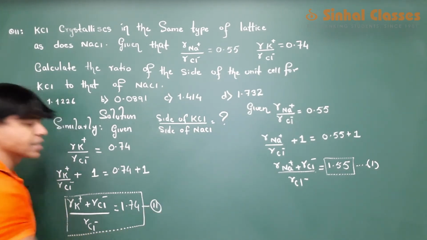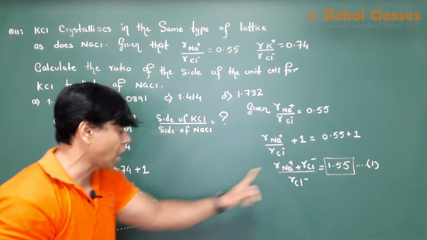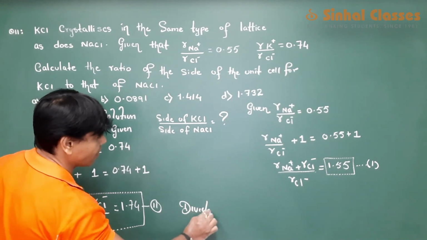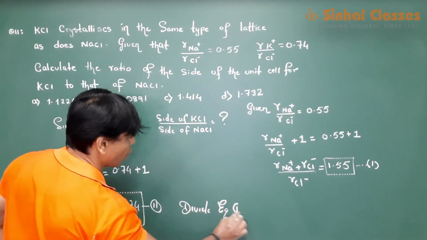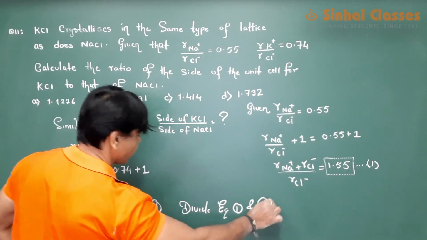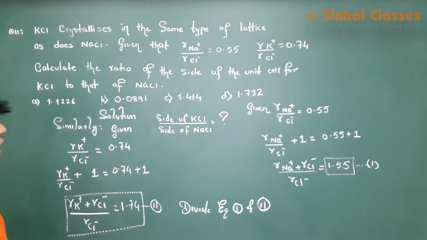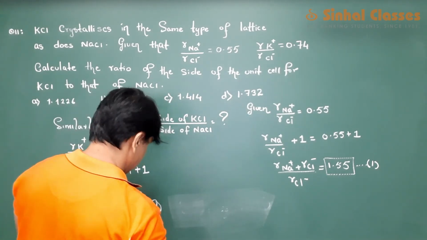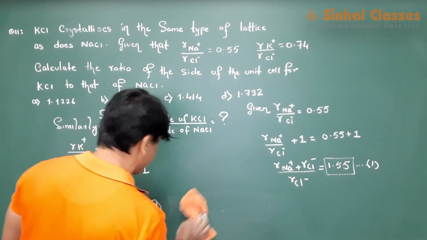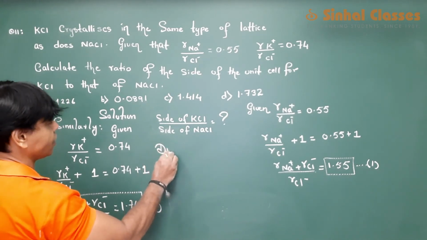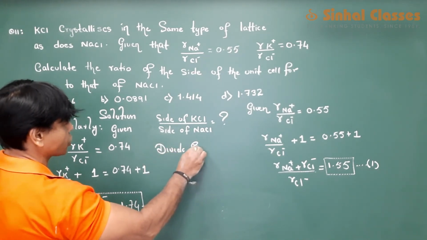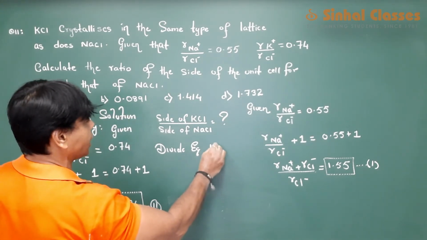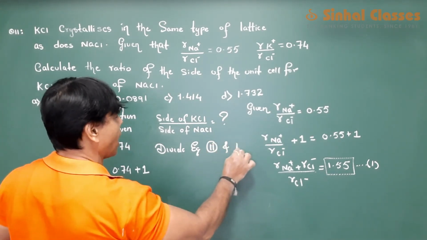Now what you do is divide equation 1 and equation 2. You wanted KCl on the top, so divide equation 2 by 1.